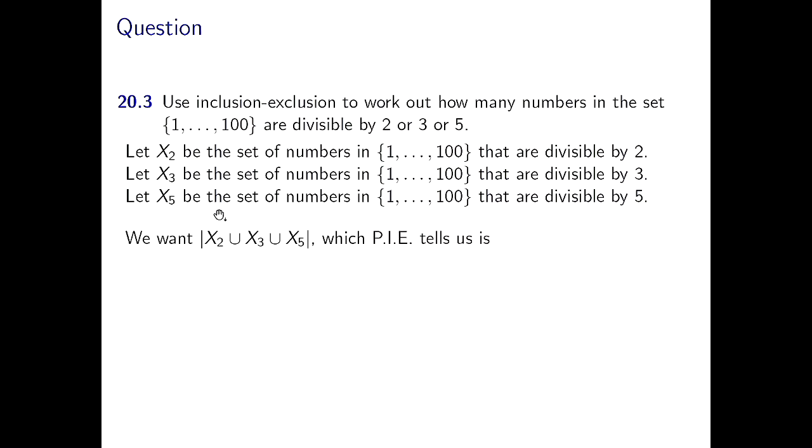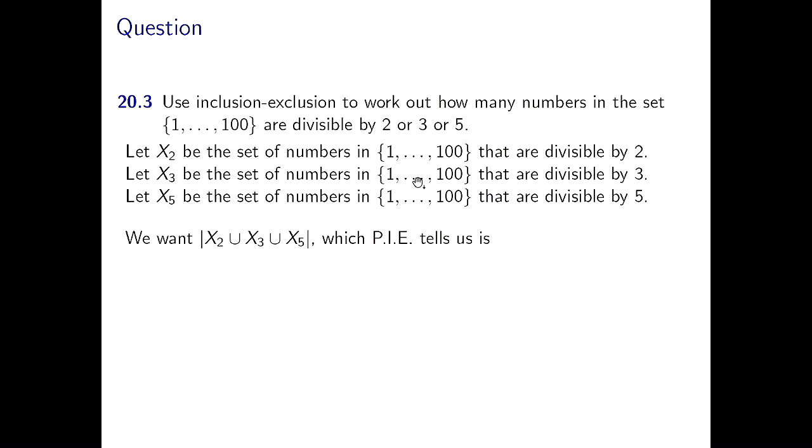So let's think of x2 as the set of numbers divisible by 2 between 1 and 100. x3 is the set of numbers divisible by 3 between 1 and 100. And x5 is the set of numbers divisible by 5 between 1 and 100. And these are pretty easy to count now, right? Because I know there's going to be 50 of these.